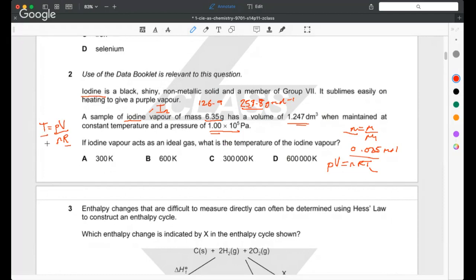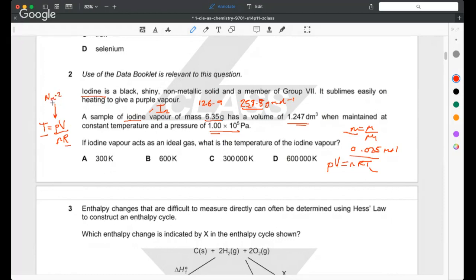But the thing that the examiner picked up is that the students, when they're doing this, have to make sure that everything is dimensionally correct. So everything has to be in appropriate units. Now, the pressure is in pascals. That's newtons per meter squared, isn't it?